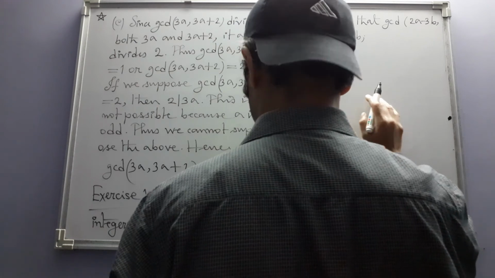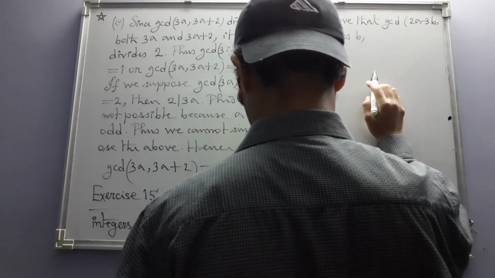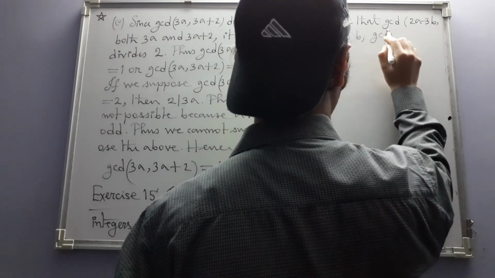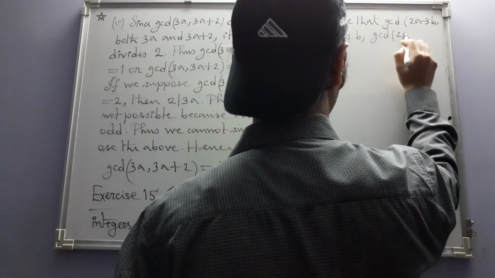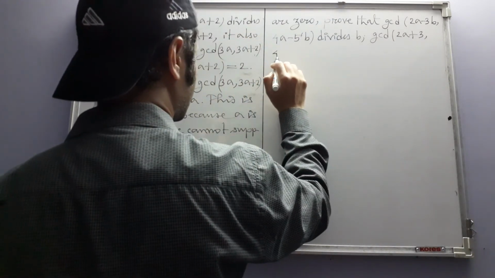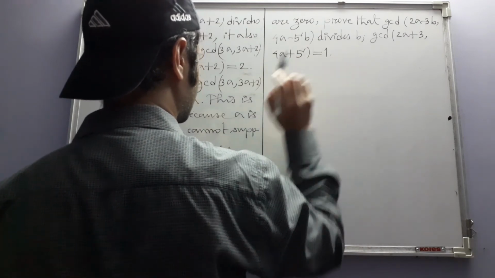Hence GCD of 2a plus 3 and 4a plus 5 is equal to 1.